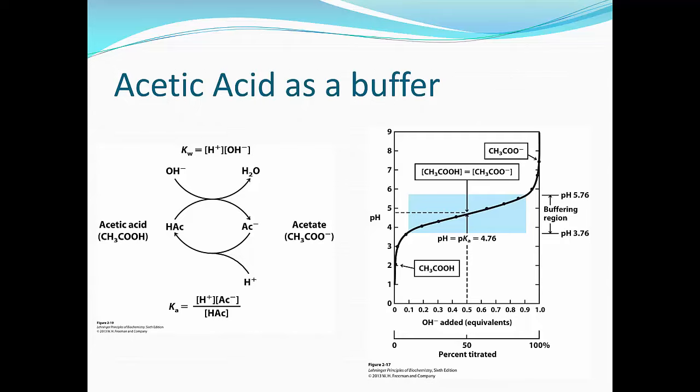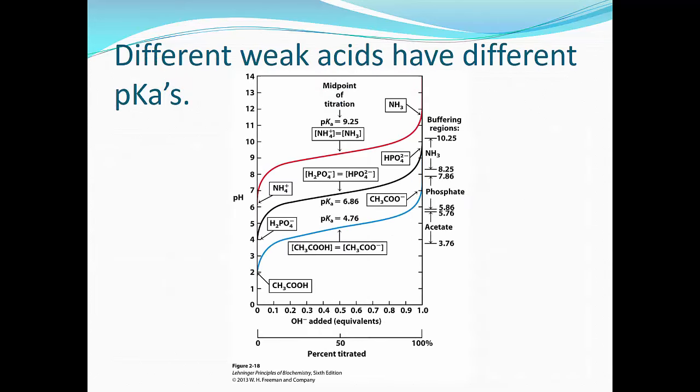As you can see in the titration curve, the buffering range of acetic acid is around its pKa of 4.76, which despite increased concentration of hydroxide added to the solution, stays relatively constant until you break the buffering capacity around pH 5.76. Each weak acid can have a different pKa, such as we see with the phosphate and ammonia.